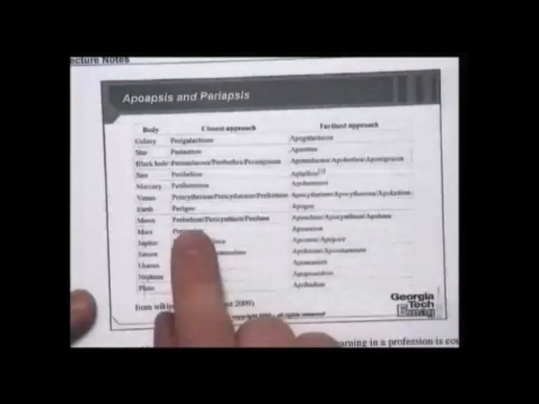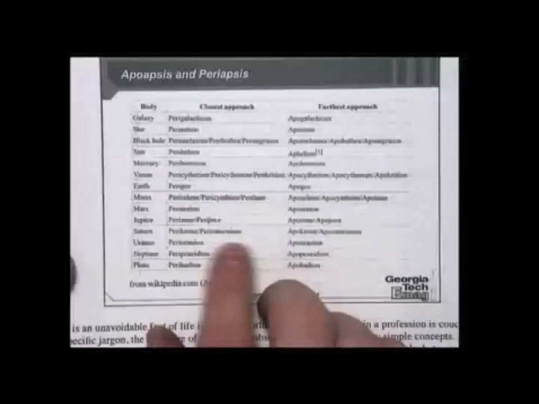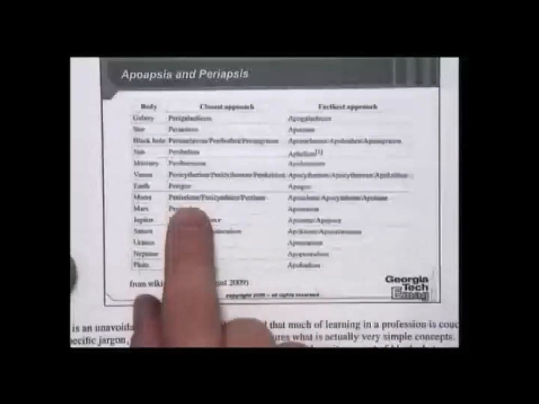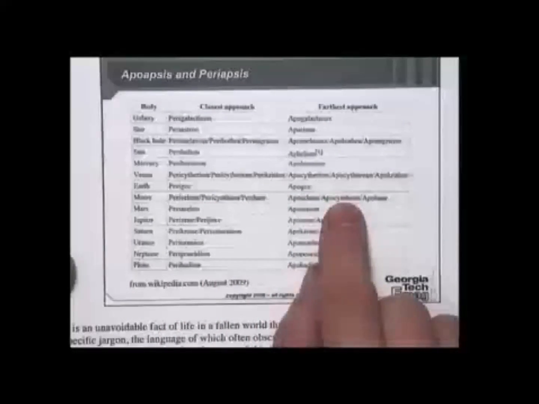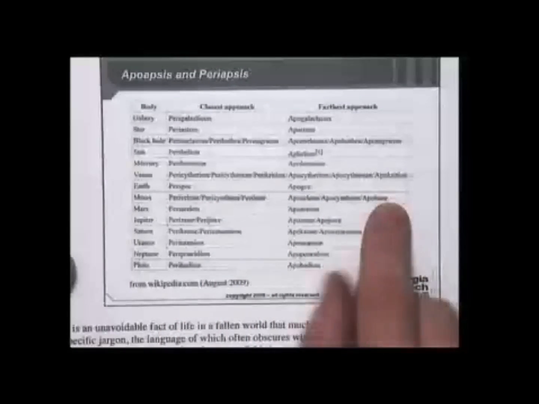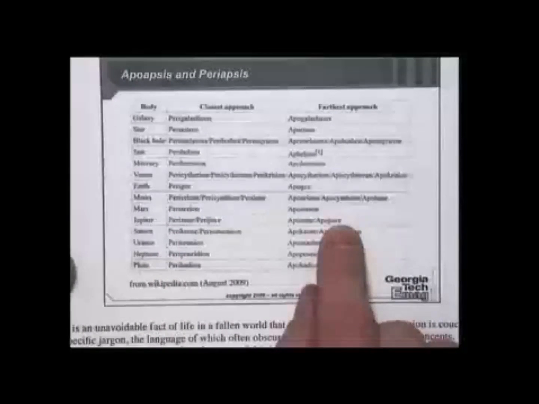If you orbit something like the moon, you'll notice that there are even competing terms. Is it the periselene, pericynthian, perilune, aposelene, apocynthian, apolune? Jupiter: perizene, perijove, apozene, apojove. Two different competing terms.